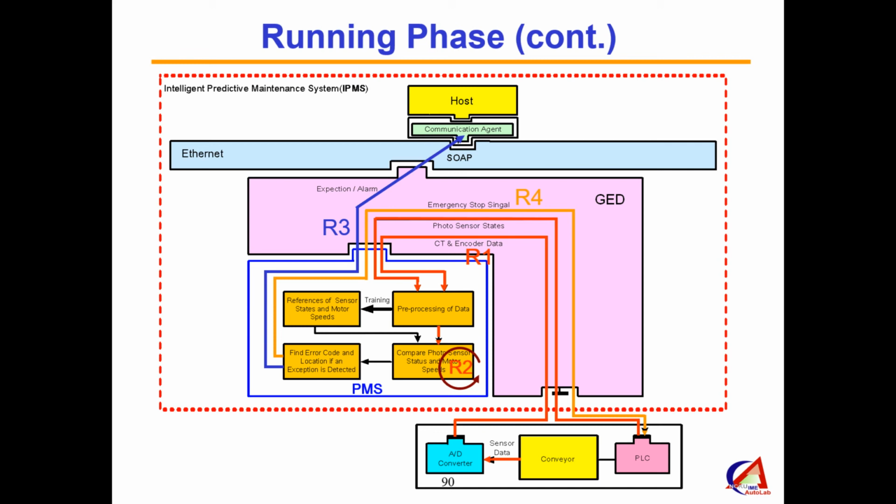Okay? So then, if necessary, we can send an emergency stop. If the equipment really has failed, then you cannot let it run again, right? So you need to stop the machine immediately. So you will have an emergency stop signal to stop the conveyor.